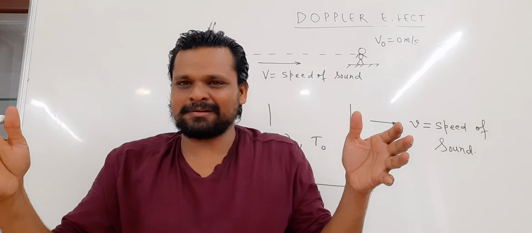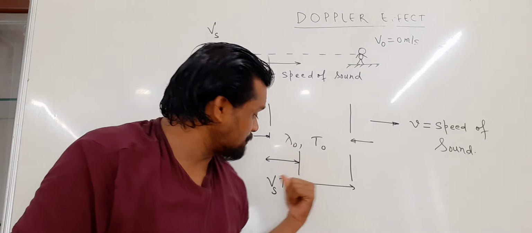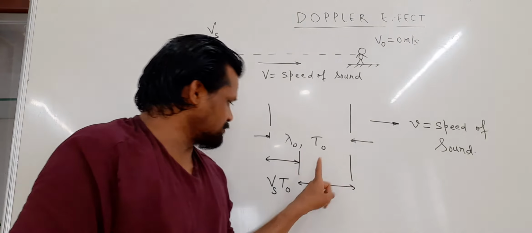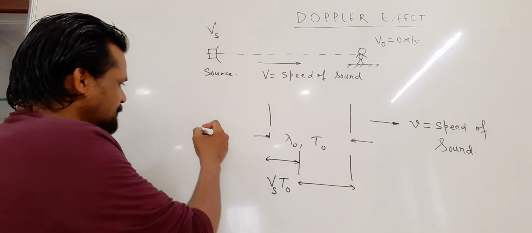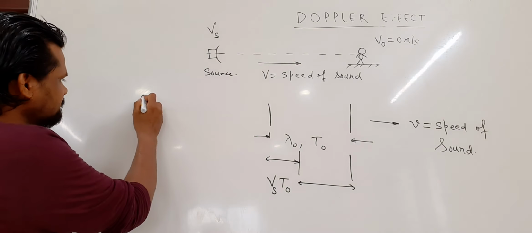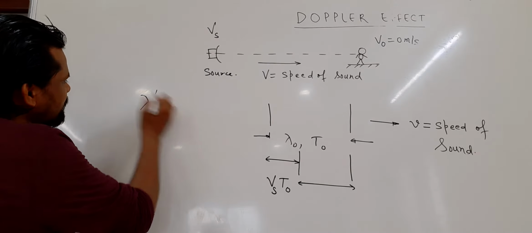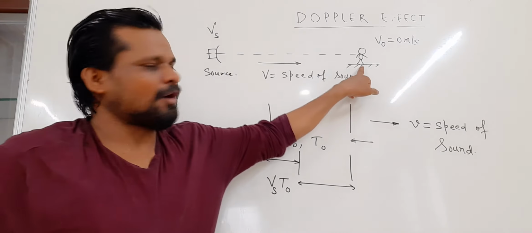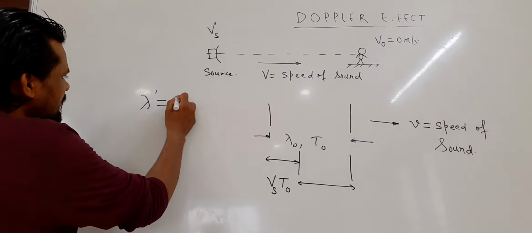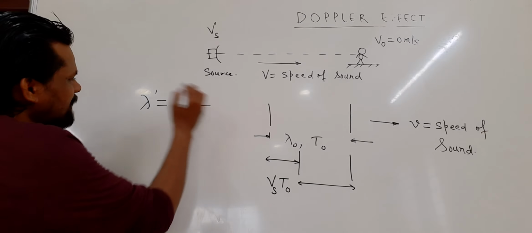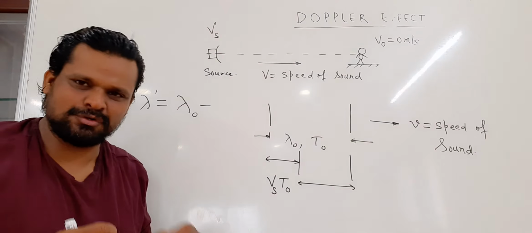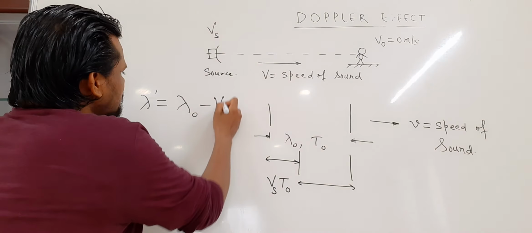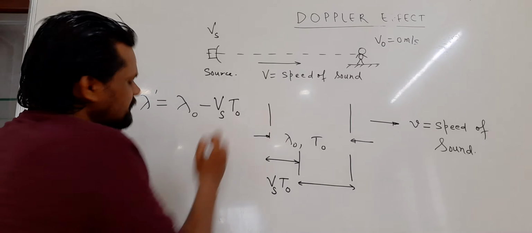Initially it was lambda naught. Now the observed wavelength by the observer is lambda naught minus Vs times T naught.